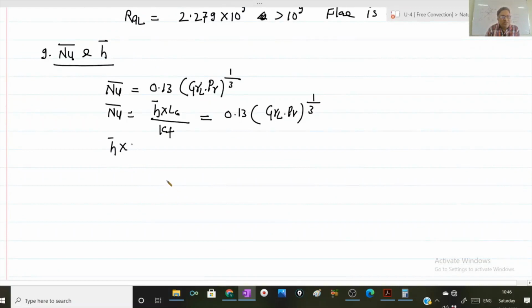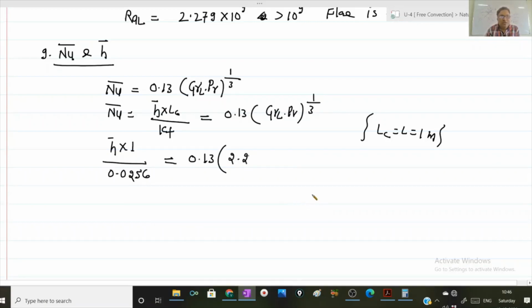The value of L_C is nothing but 1. The value of KF is 0.0256, is equal to 0.13, and we can put the product of GRL into PR as 2.279 into 10 to power 9, power 1 by 3.